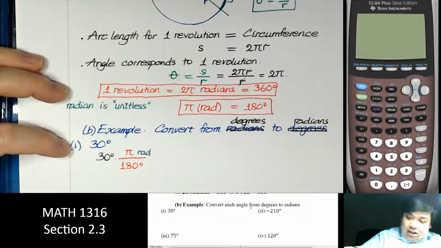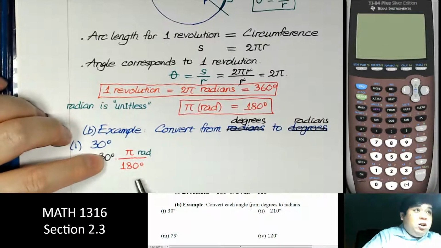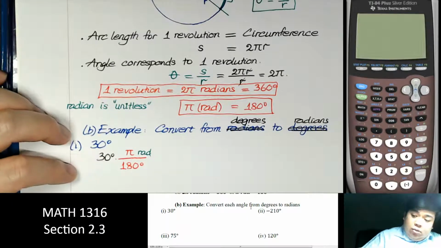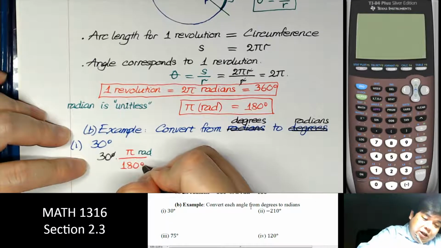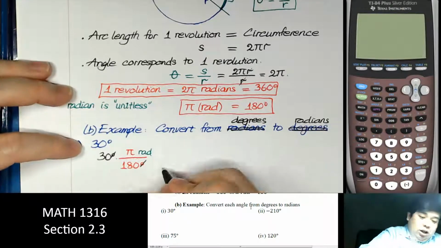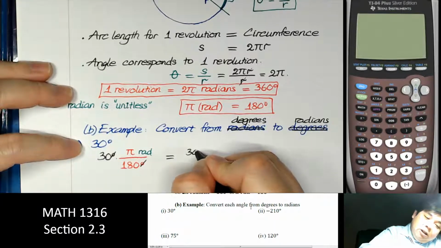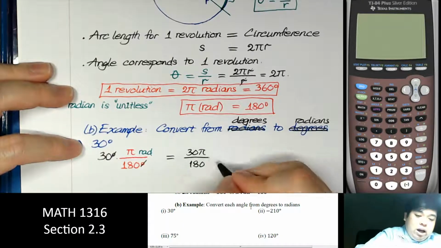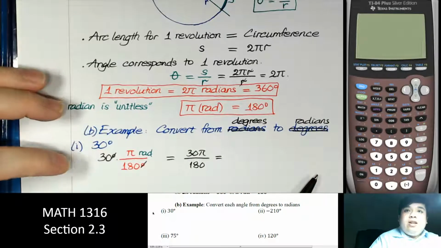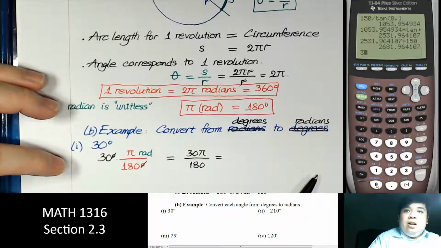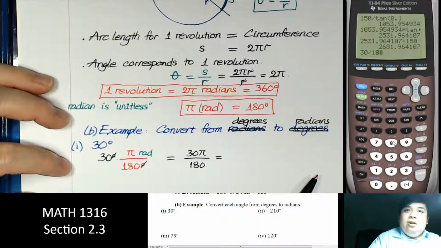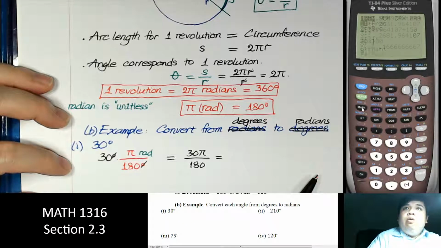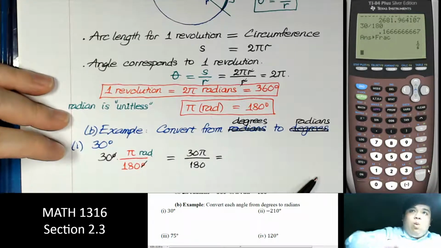Now we don't want the degrees, so we put degrees at the bottom so that degrees cancel out. We have 30 pi divided by 180. 30 divided by 180, convert to fraction, is 1 over 6.